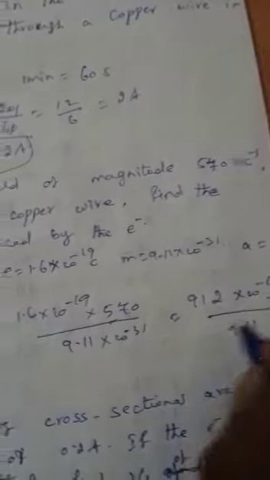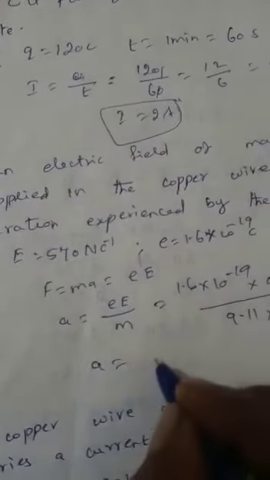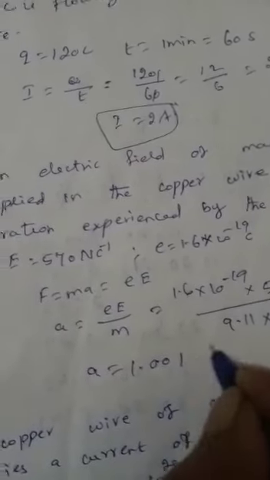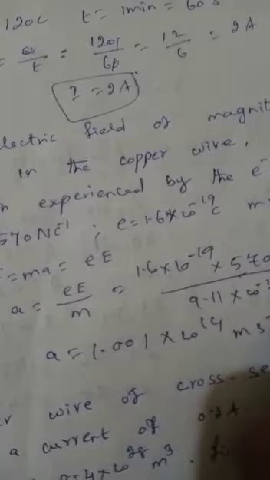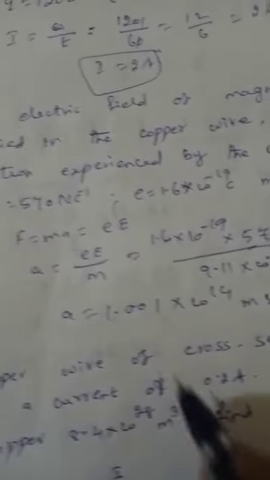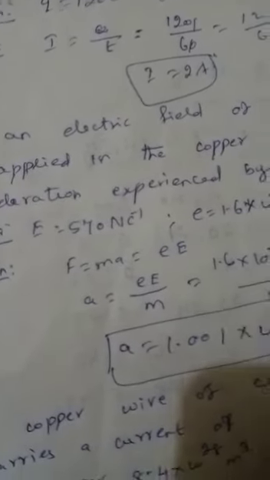Divided by 9.11, we get a is equal to 1.001 into 10 power 14 meter per second squared. That is the acceleration experienced by the electron.